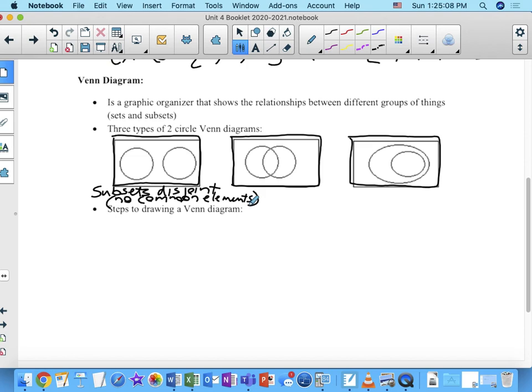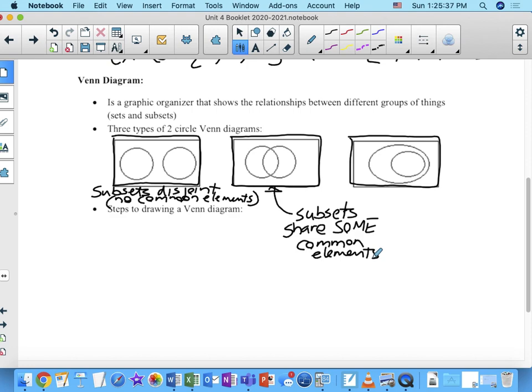So they could have partial overlap, and that's the middle one. Okay, so here, the subsets share some common elements. And then the third situation is that one subset is a subset of the other one.